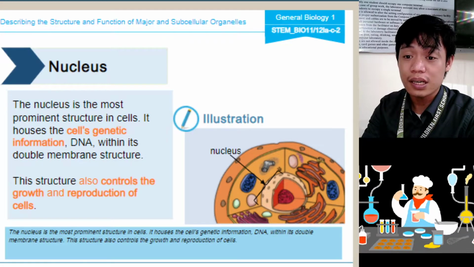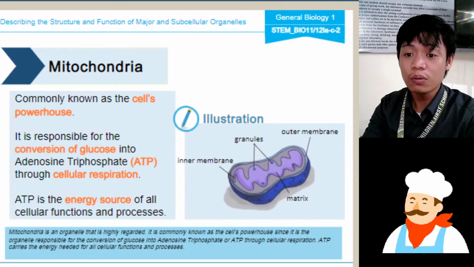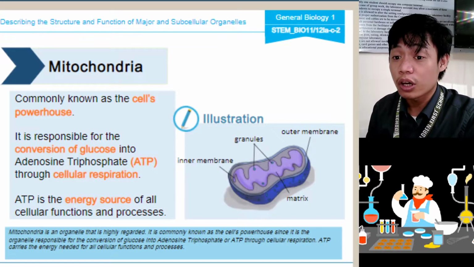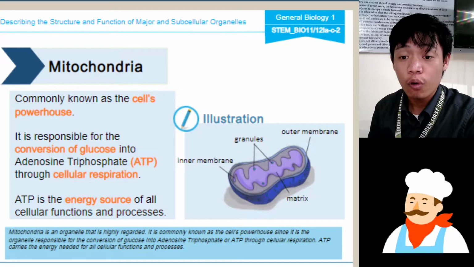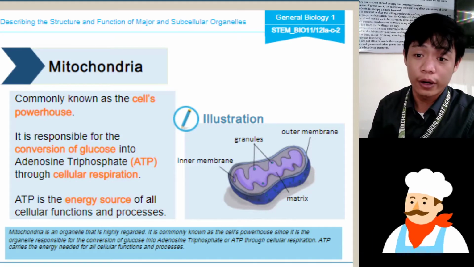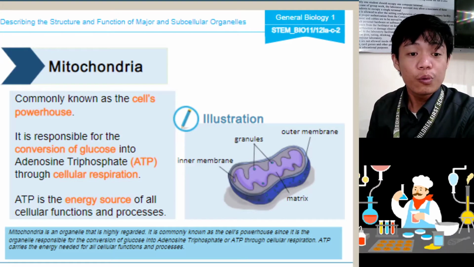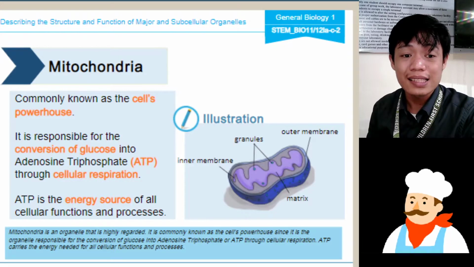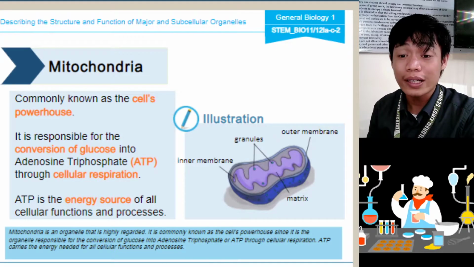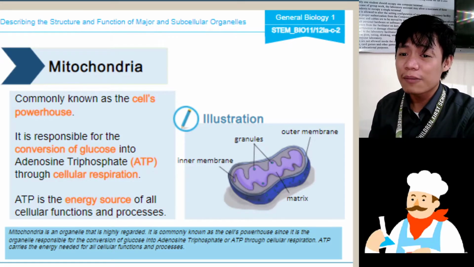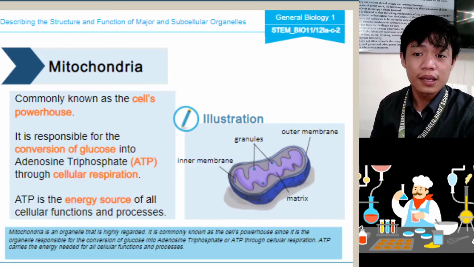We are done discussing the nucleus. Now, let's proceed with the mitochondria. When we say mitochondria, it is a plural form. When we say mitochondrion, it is a singular form. The mitochondria is commonly known as the cell's powerhouse, or the powerhouse of the cell. So, why is it called the powerhouse of the cell?